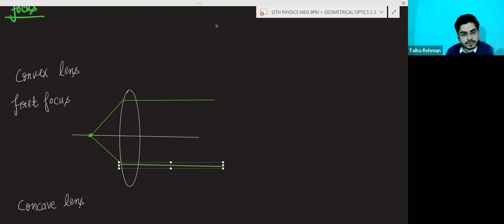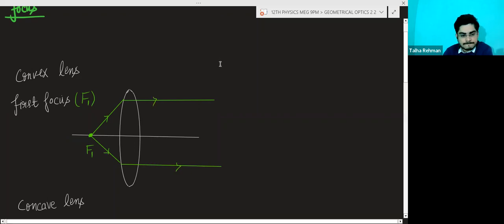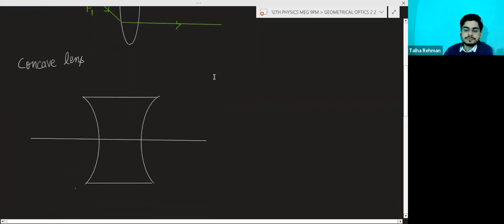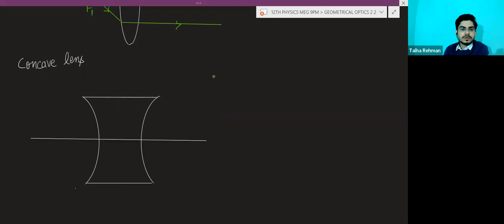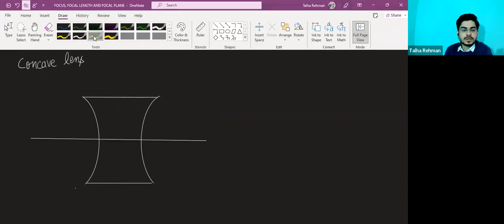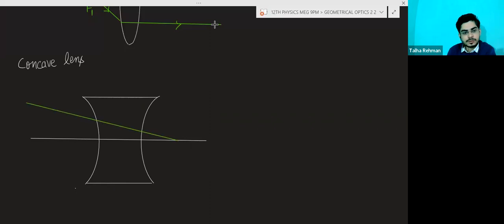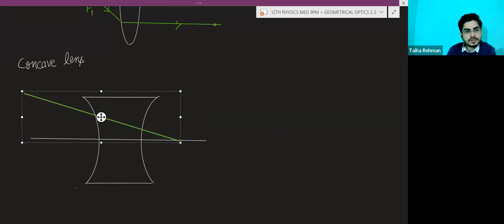So this will be the first focus, f1. Remember this. For a concave lens, how will we define the first focus? If rays of light, just wait, okay?